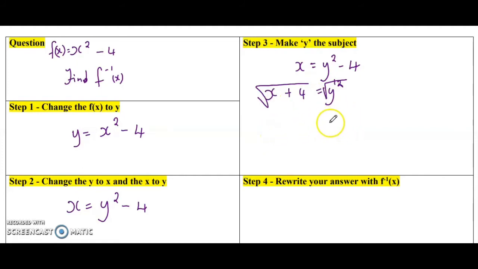So here I'm going to have y is equal to the square root of x plus 4. And for my final answer, I am going to ensure that I rewrite my answer with the inverse sign, which is equal to the square root of x plus 4.